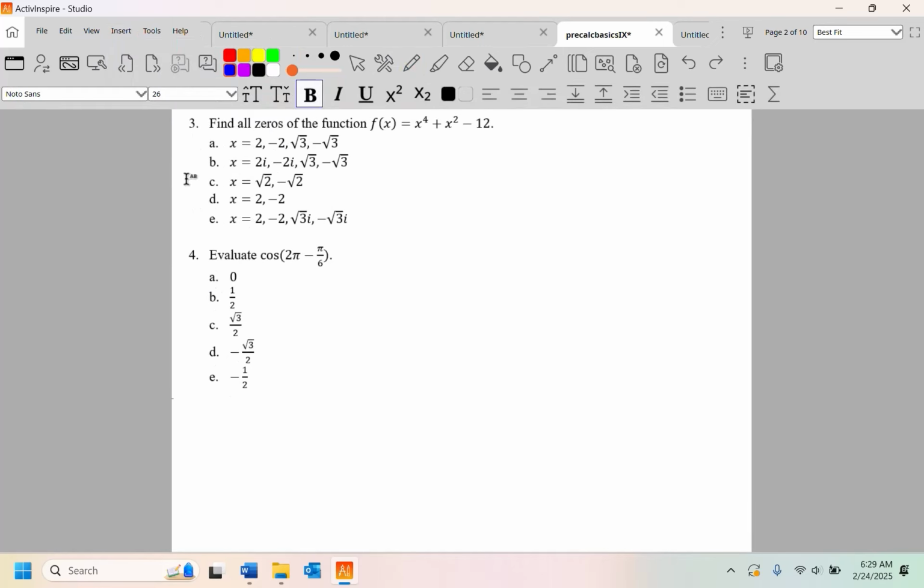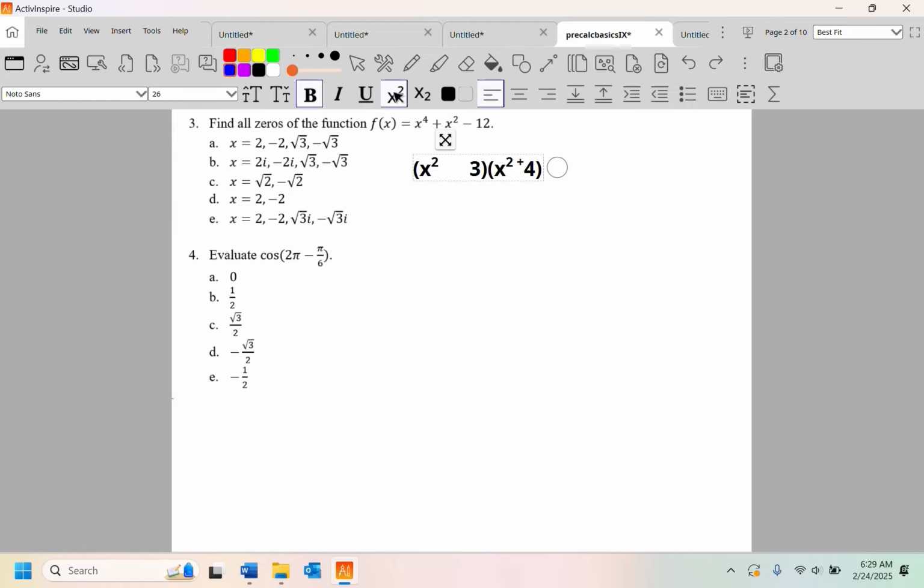Find all the zeros of this function. That is something that will factor. It takes an x to the second and an x to the second to create an x to the fourth. Factors of 12 are going to be 3 and 4. We need to add to a positive 1 in the middle.